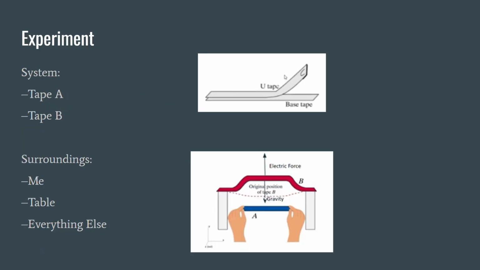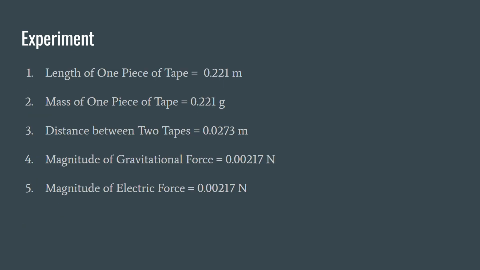The experiment is the same. Two tapes are the system, and the surroundings are me, the table, and everything else. During the experiment, one tape is charged by ripping it off the other, and you hold it close to observe the charges.